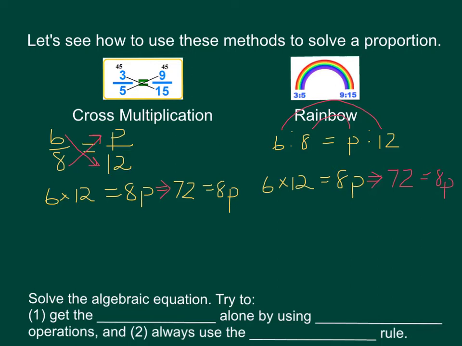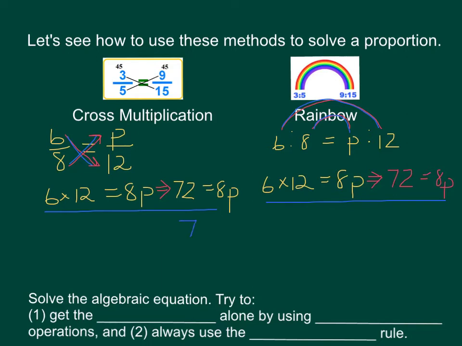Now if you look closely, you will notice that at this particular step, these two methods became exactly the same. It's just whether I set them up to multiply in a cross or in a rainbow. So on either of them we have 72 equals 8p.